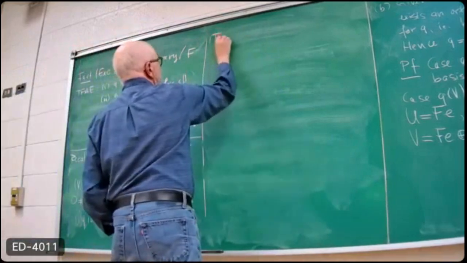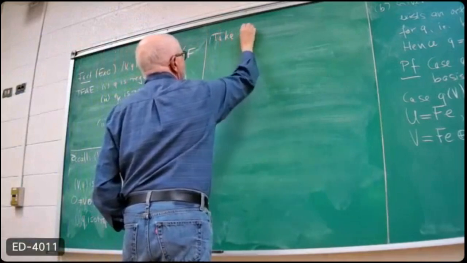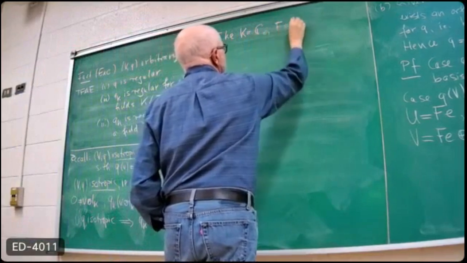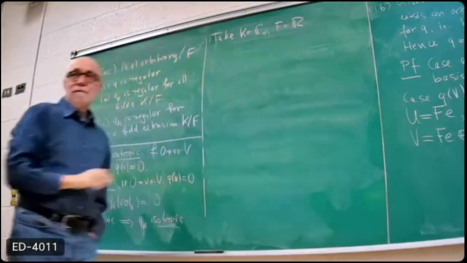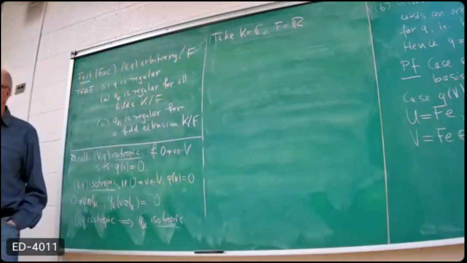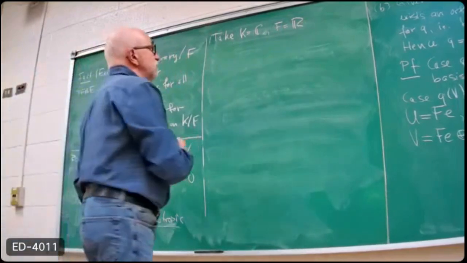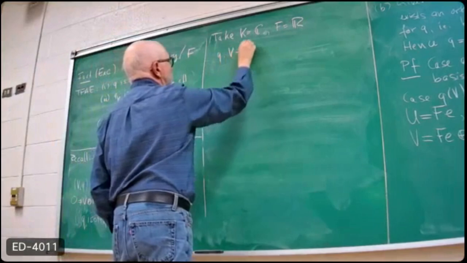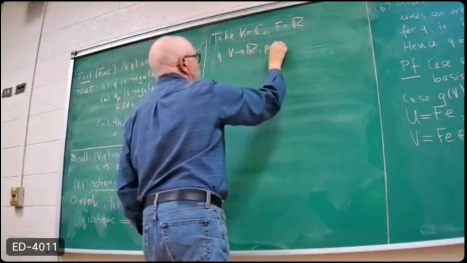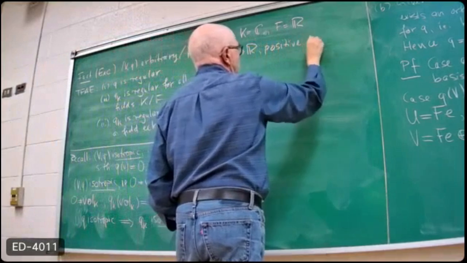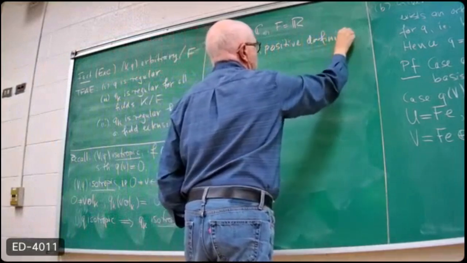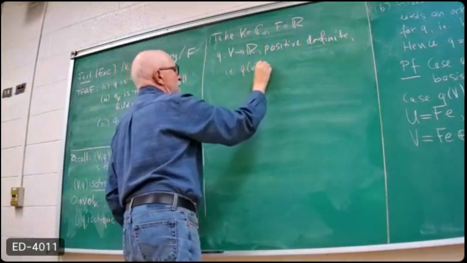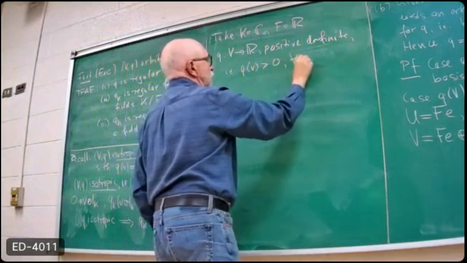So take F to be the real numbers and K the complex numbers. Take a positive definite quadratic form. Recall that this means Q(v) is positive for every non-zero v.